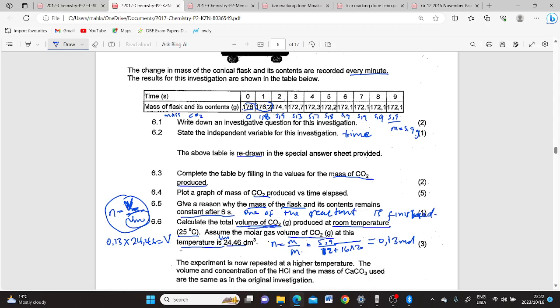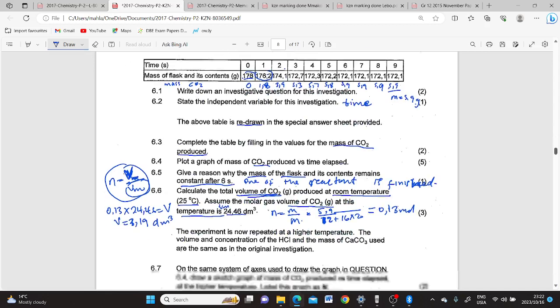When we multiply, let's see what we get. 0.13 multiplied by 24.46, so we get a volume of 3.19 decimeter cube. So that will be the volume of the gas that is being produced.